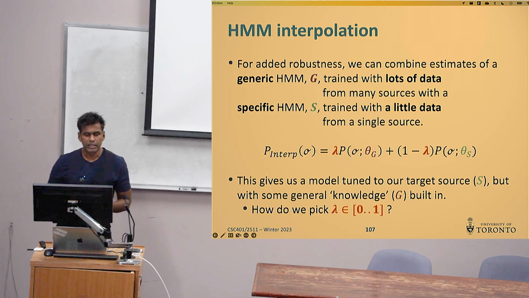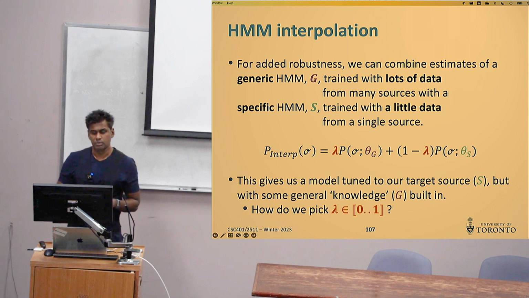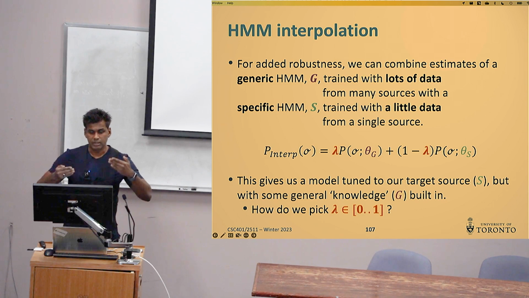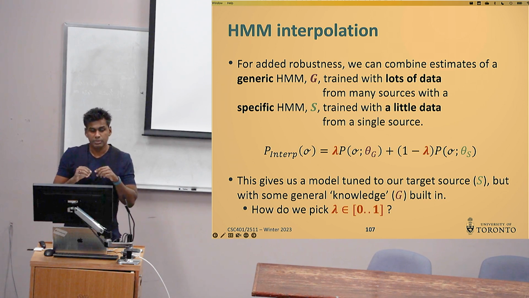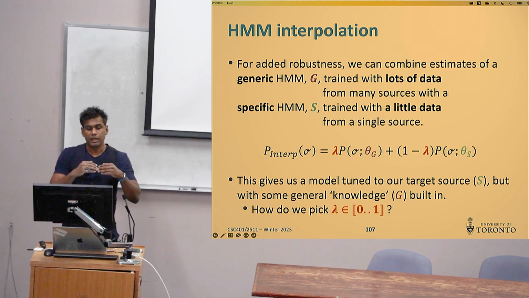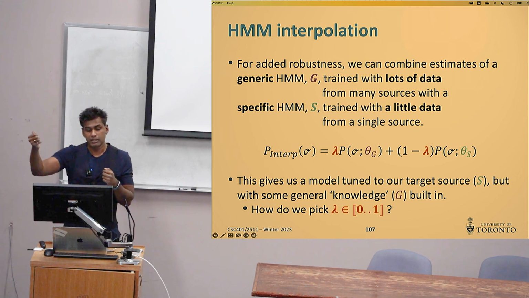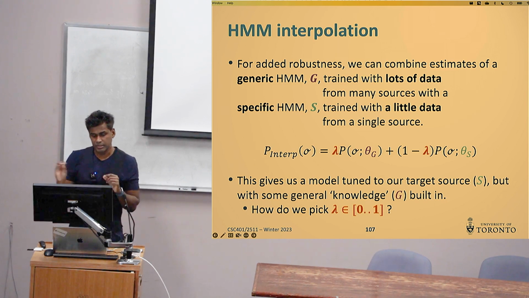Okay, so we can apply interpolation, which is basically assigning a weight to our different models. For example, I'll go with the running example of n speaker identification. We have trained 8 speakers, which we call the generic HMM or G. And then we're given new data for this new person. We call it the specific HMM S, for a single source.